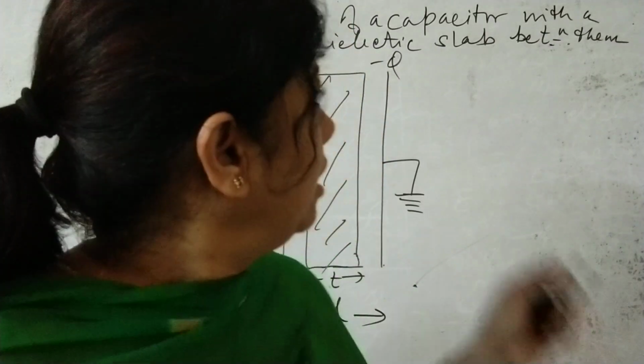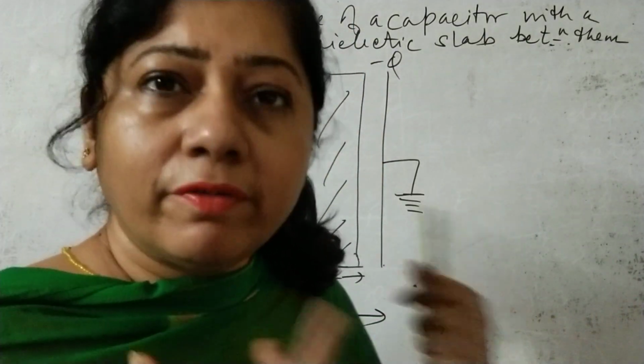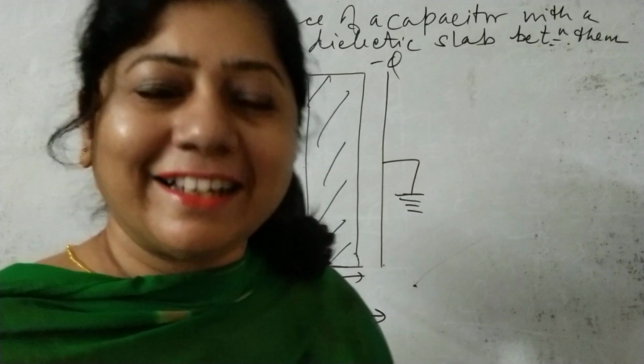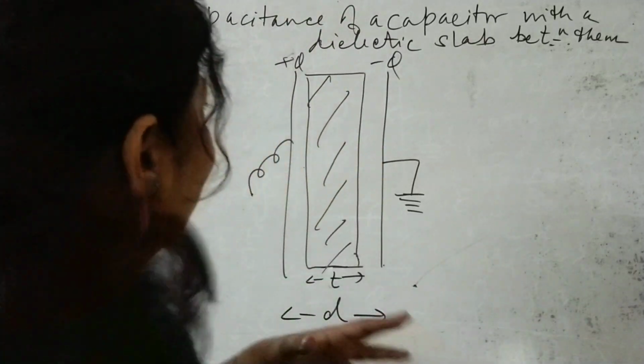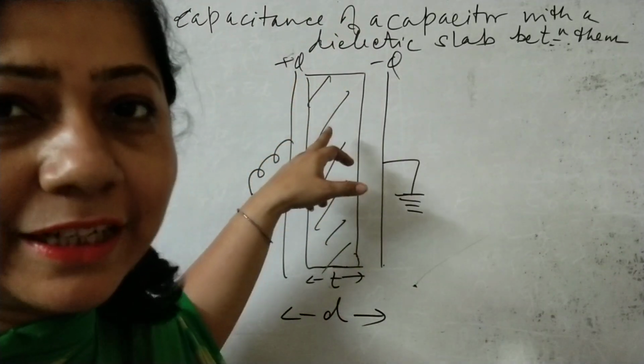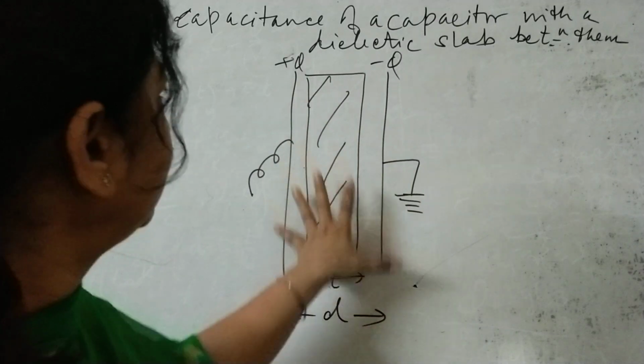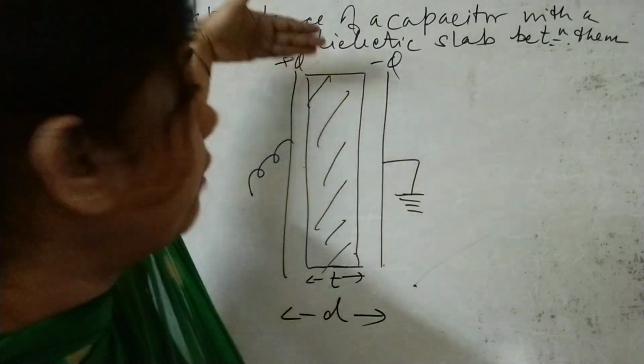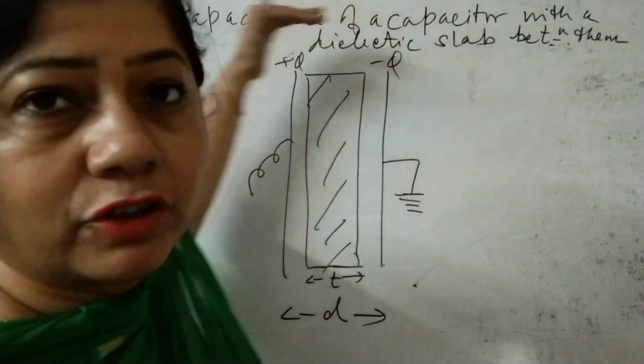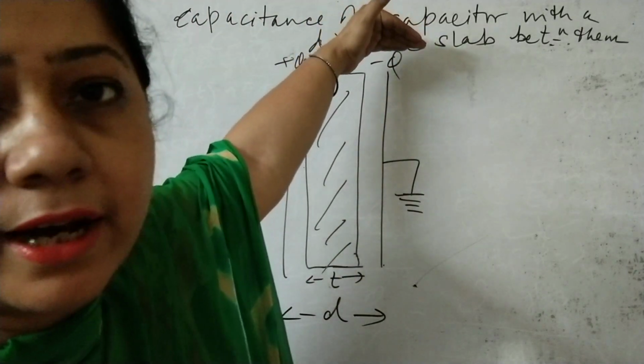Now we will see what really happens when we keep the dielectric. Here you can see we have the plates. The original electric field goes from positive to negative, so this will be its direction.